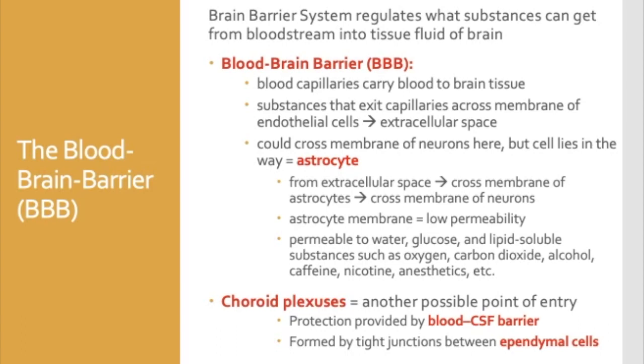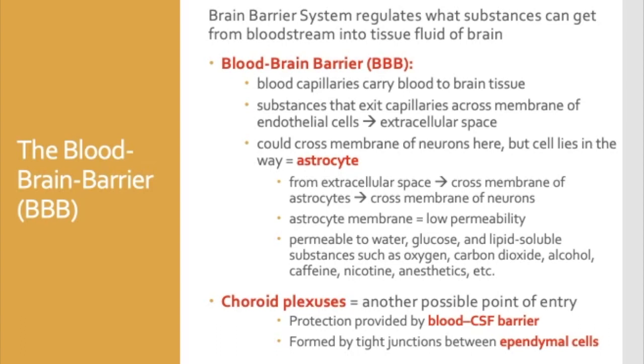And then those substances enter into the space outside the capillaries, the extracellular space. From there, those substances could cross into neurons, but they're prevented from doing that by a specialized kind of glial cell called the astrocyte. From that extracellular space, any substance that leaves the bloodstream is going to cross into the astrocyte first before it can cross into a neuron.